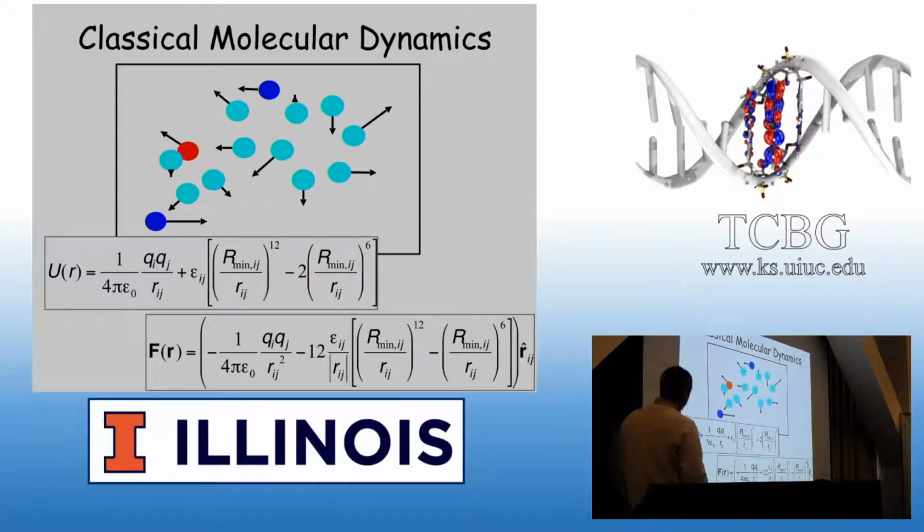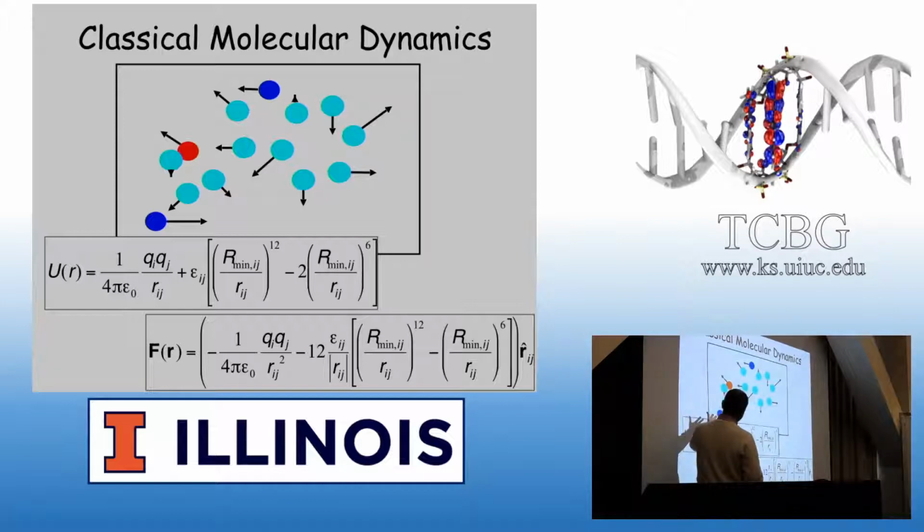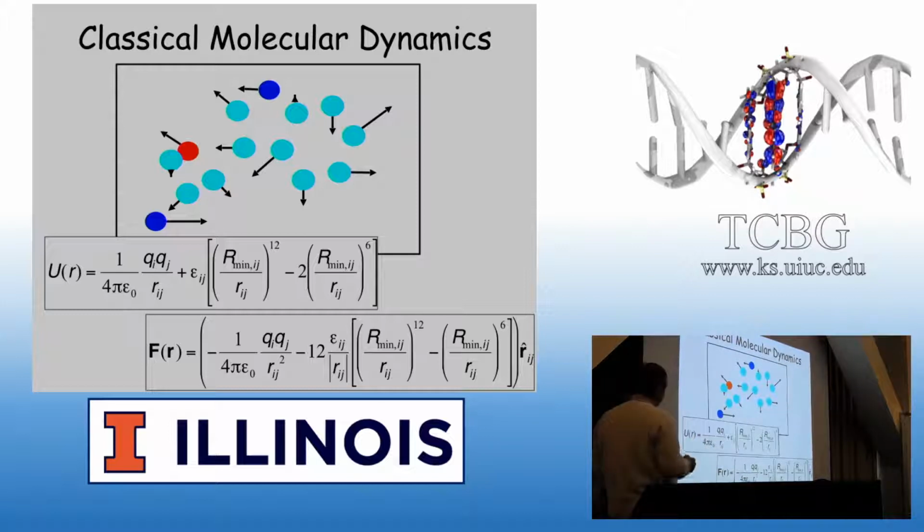But okay, back to energy and force. Let's say I have a bunch of particles, or a bunch of atoms in this case, and I know their initial positions. Since it's molecular dynamics, it should be something molecular. Okay, atoms, not connected to each other, and I know their initial positions.